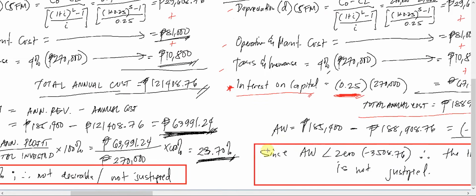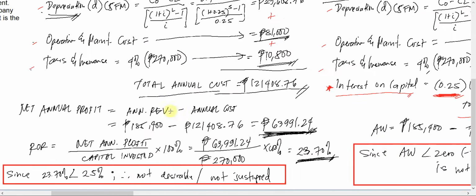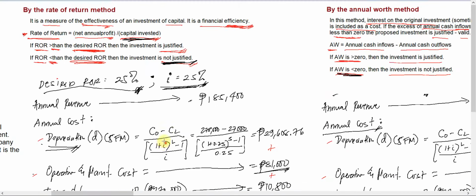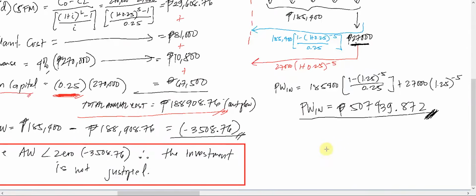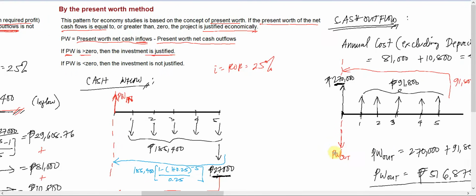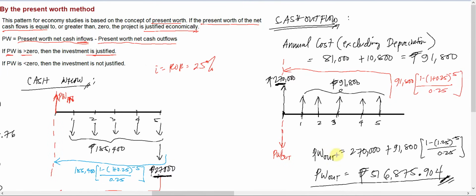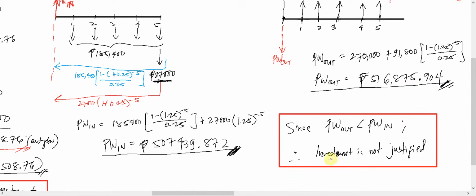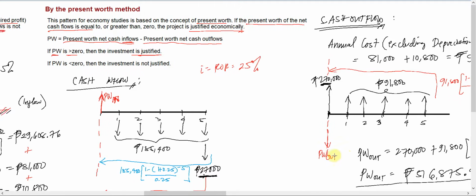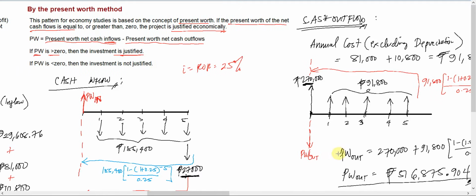Ito justified, ito not justified. So, titingnan mo yung isa, re-review mo kung tama yung ginagawa mo. Kung may assignment kayo, at least 2 method ang ipasa nyo for this topic para ma-confirm na tama yung una nyong ginawa.